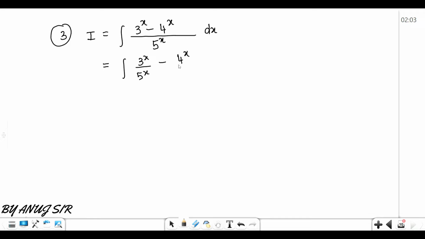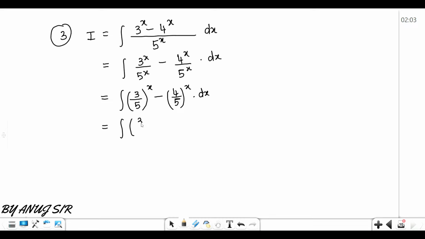Now what we'll do here is give this denominator to both of them, that will be 3 raised to x upon 5 raised to x minus 4 raised to x upon 5 raised to x. The power in the numerator as well as the denominator is the same, so we can write (3 upon 5) the whole to the power x minus (4 upon 5) the whole to the power x. We can do this, right?